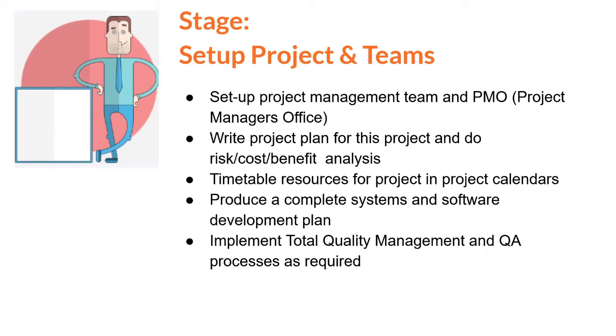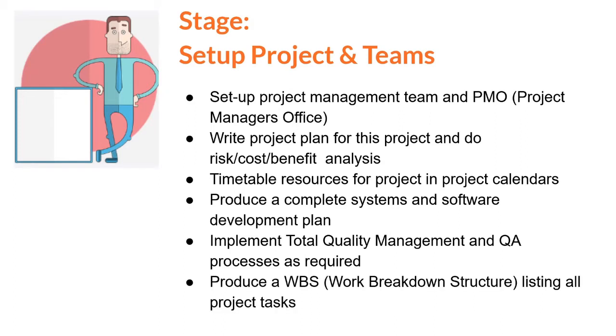Then we produce a work breakdown structure, which is WBS, which is listing all of the project tasks, who is responsible for the tasks and when they will be completed, and how much resources are required for each task to be completed.